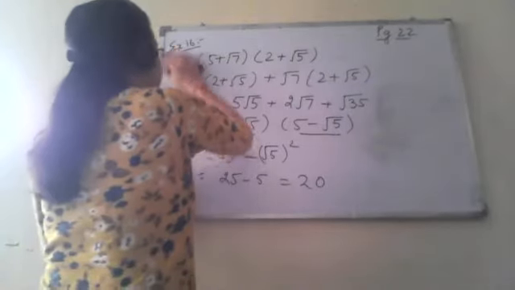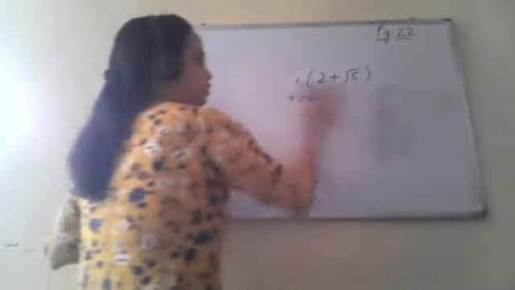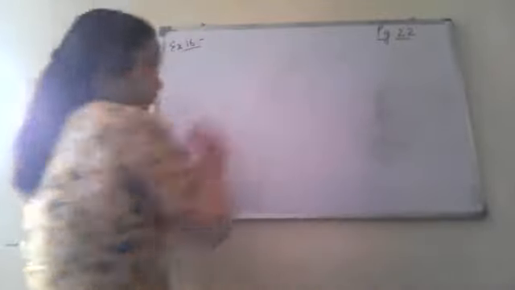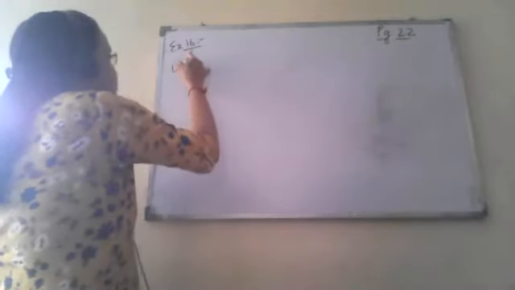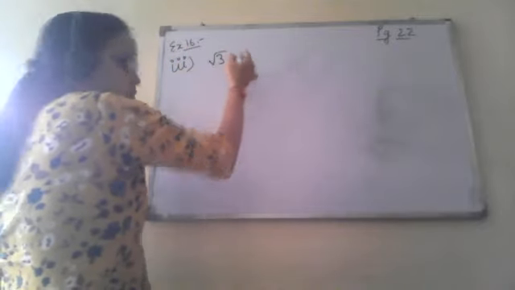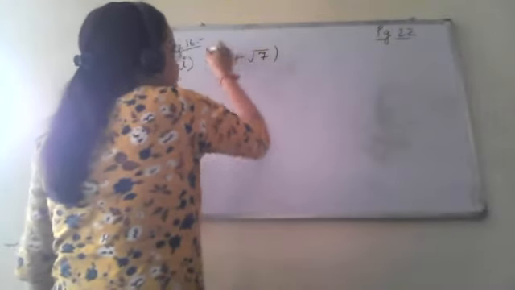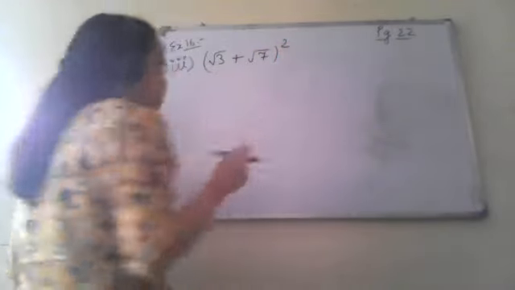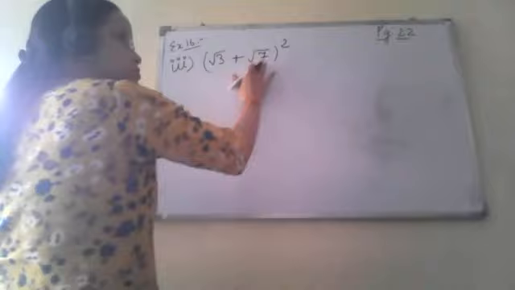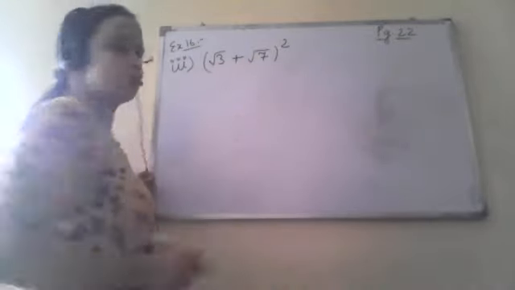Now third part, (root 3 plus root 7) whole square. So it is (a plus b) whole square. In place of a you have root 3, in place of b you have root 7.